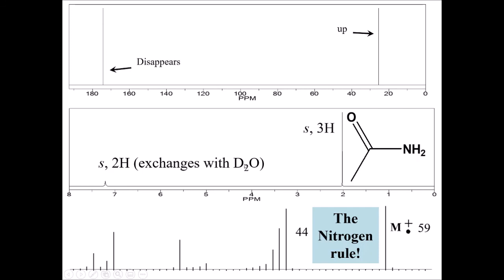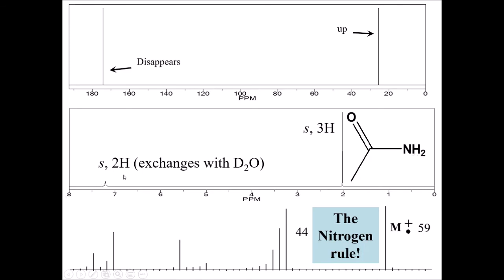Anything that exchanges with D2O is going to make hydrogen bonds. The fact that you have a singlet of 2 hydrogens is generally not going to show up with an alcohol, because alcohols only have 1 hydrogen. So amines, or in this case amides, when you count in the carbonyl group, this nitrogen with 2 hydrogens is what's making those peaks right there.